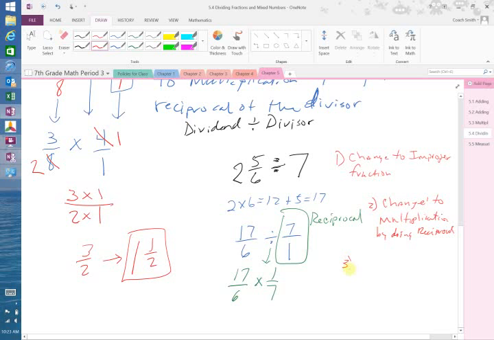Step 3, cross cancel if possible. Step 4, multiply straight across.